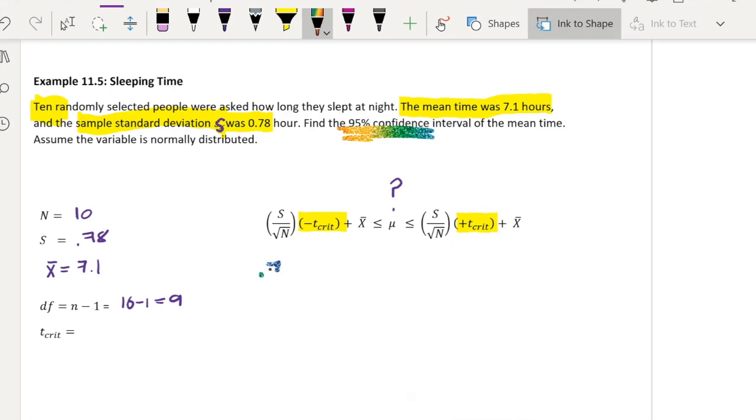So 0.78 over the square root of 10. My t-critical was 2.262.